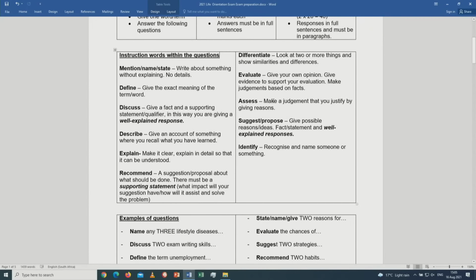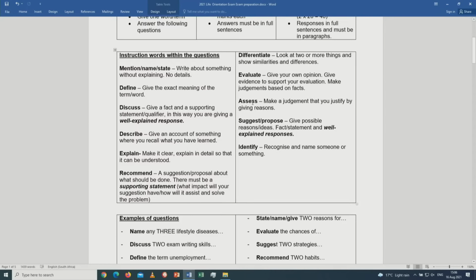Now let's look at the instruction words within the questions. The first step before you answer your questions, you must underline your instruction words, because these instruction words are the ones that are guiding you into how you are expected to respond to those questions. These are the examples of the instruction words within the questions.